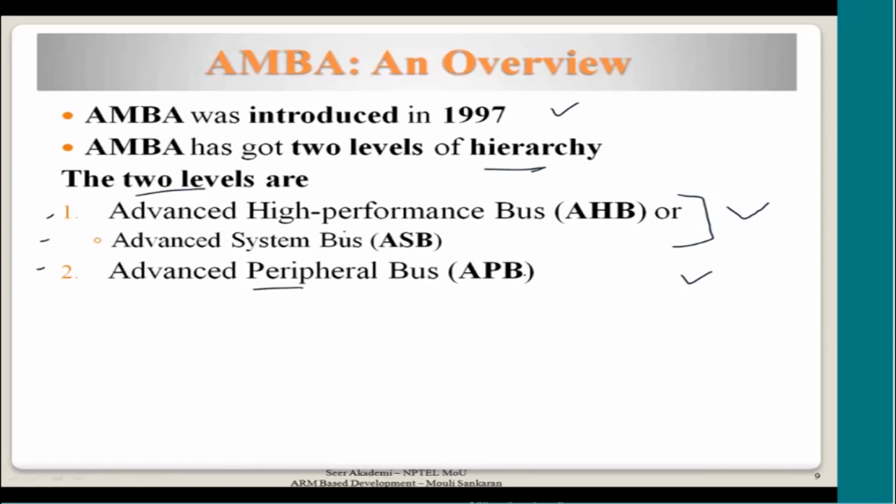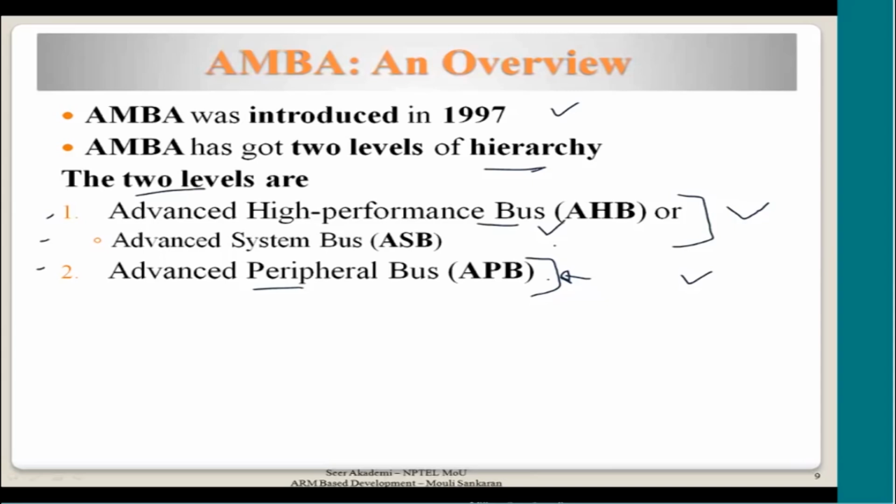If low performance peripherals are connected directly to the high performance bus, then because of the delay of the peripherals in the system, the transactions on this bus by high performing modules like processors and memory will be delayed. Memory is not high performing, but at least it has a very good access time.